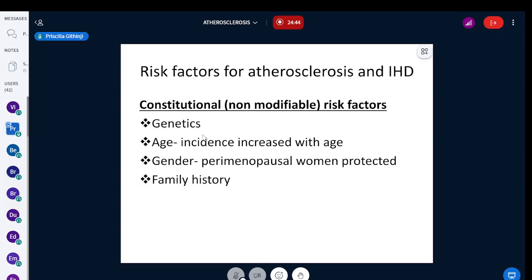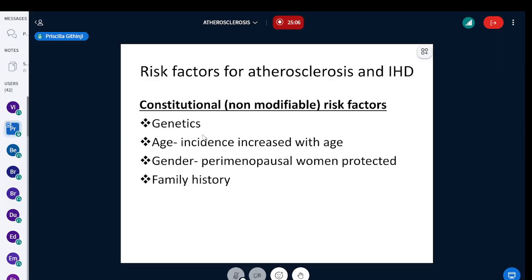So for you to develop atherosclerosis and in turn ischemic heart disease, there are various risk factors, some which you can change and others you cannot change. So we have what are called constitutional or non-modifiable risk factors. These are risk factors that you cannot change.